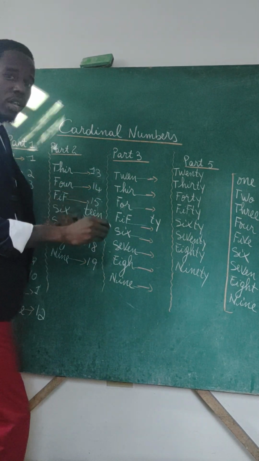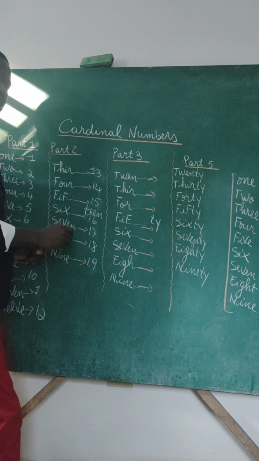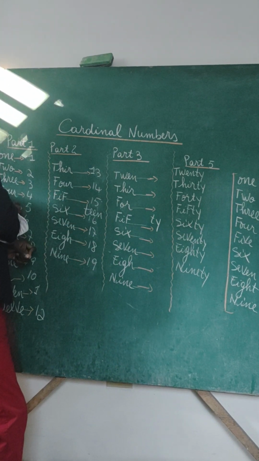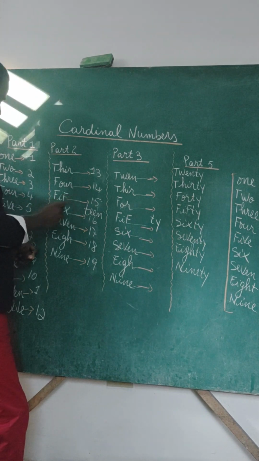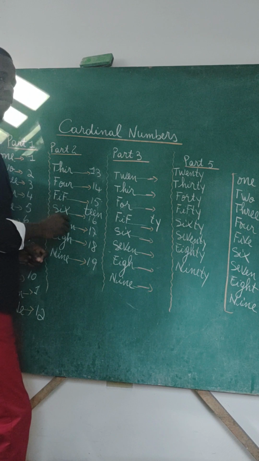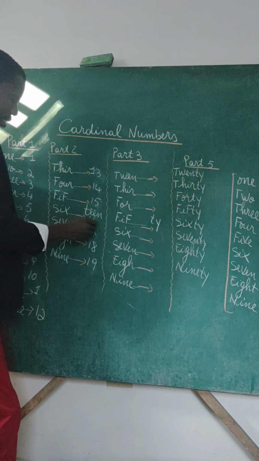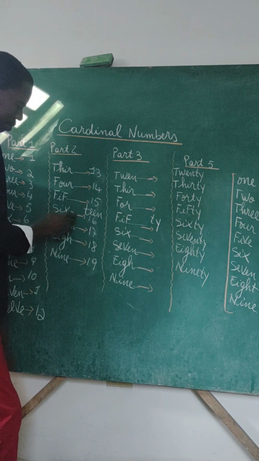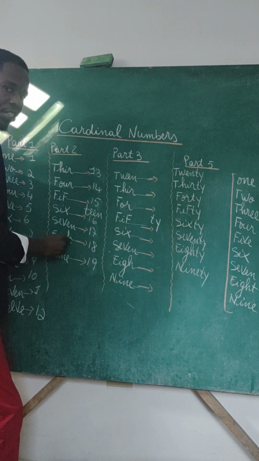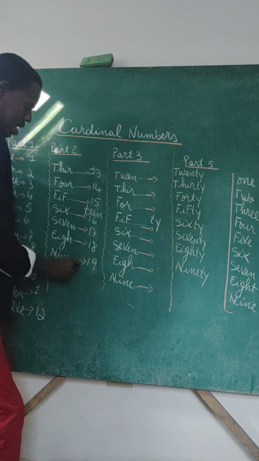I keep all the letters. 5, I say like this, but for some reason I keep the F-I and I add F, and it's pronounced fifth. This is 6, 7, 8, I just drop the T, and 9.